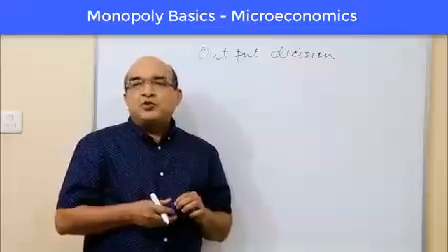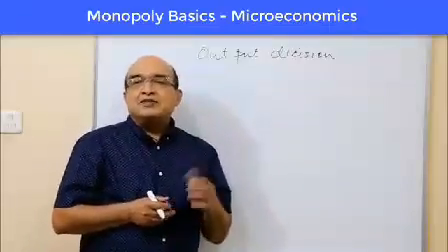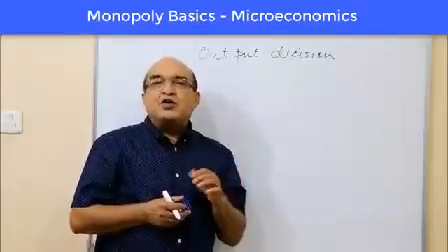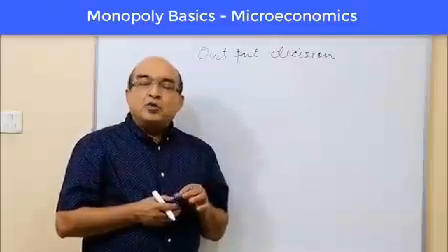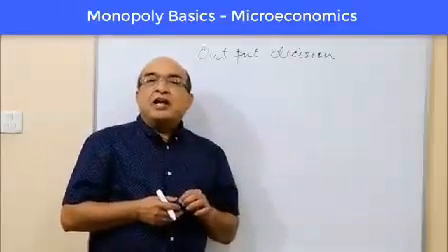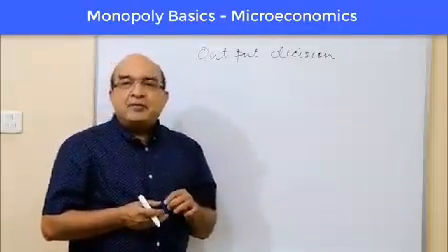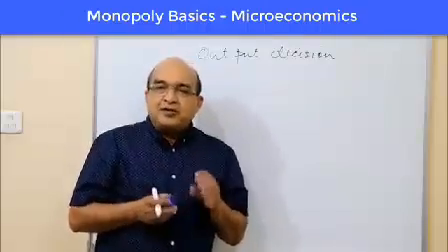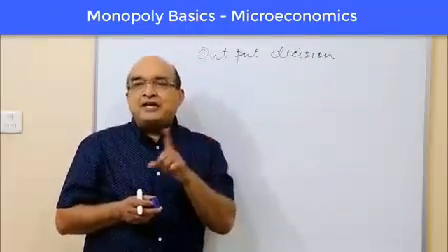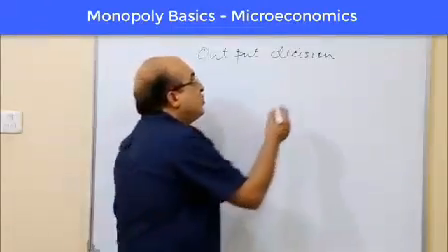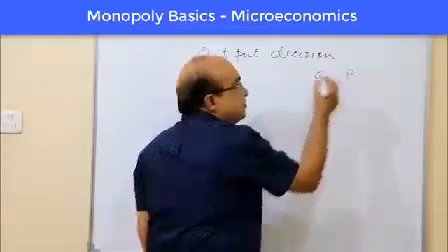I have explained to you the kind of market that the monopoly is and the kind of demand curve the monopoly firm faces. From that, it became obvious that a firm can choose one of the two, that is either quantity or price.